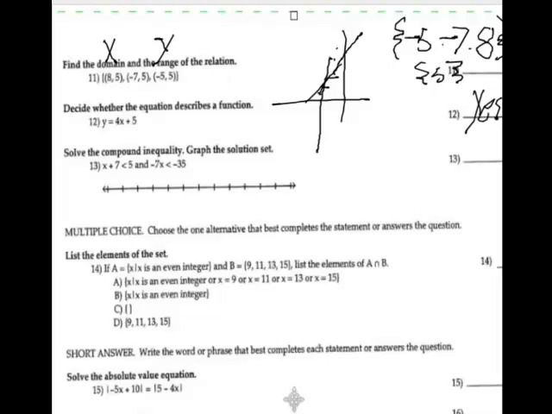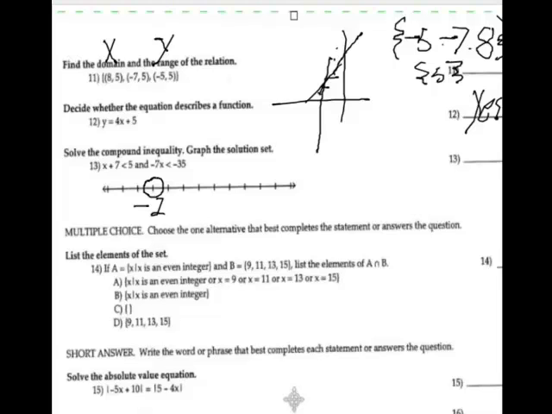Solve the compound inequality and graph the solution set. So we're subtracting 7, taking 7 away from 5, and that's going to give us -2. All right, so we got -2. And it's an open circle because it's not equal. And then when we divide by -7, well, negative into negative is going to be positive. 7 into 35 is 5.